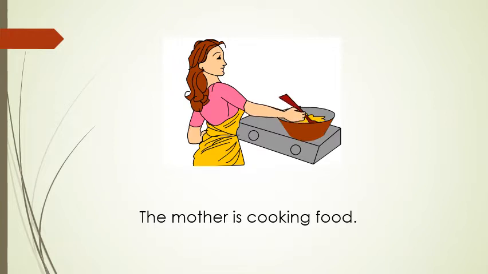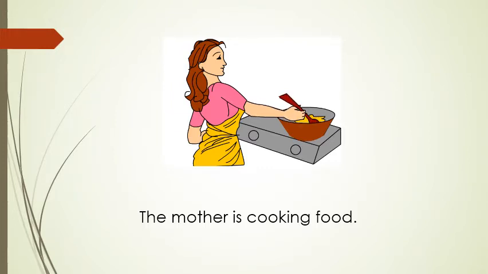Why? Because we know that a sentence is a group of words which makes complete sense. So, after reading this sentence, the mother is cooking food, we can clearly visualize the picture in our mind.